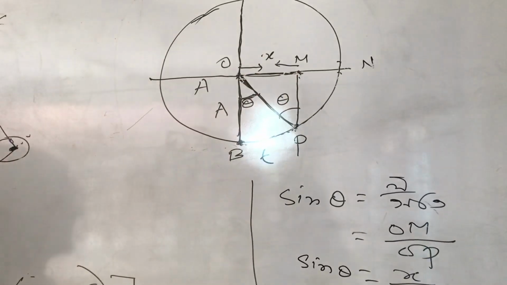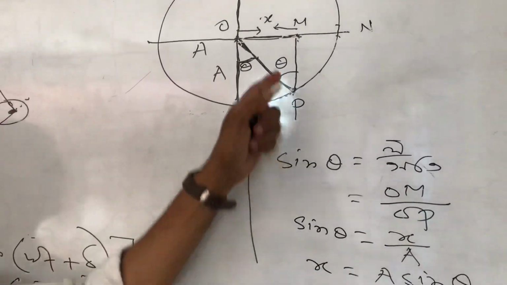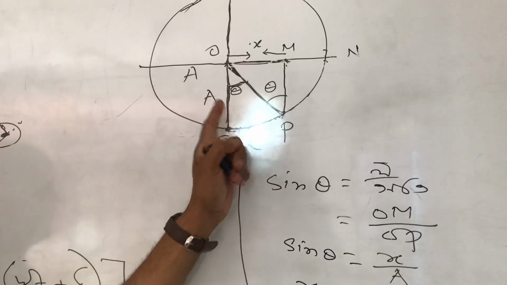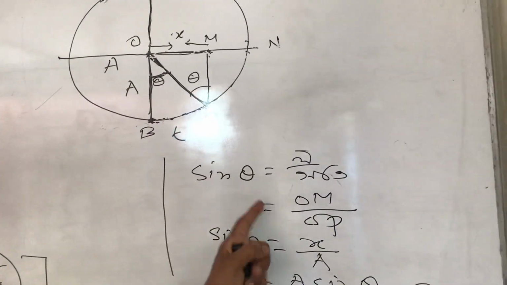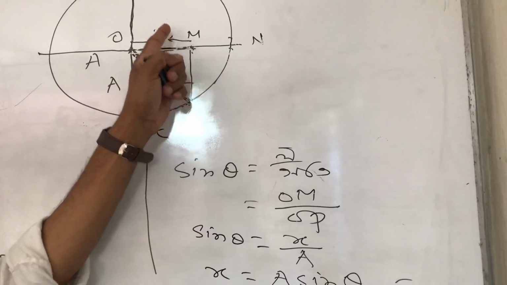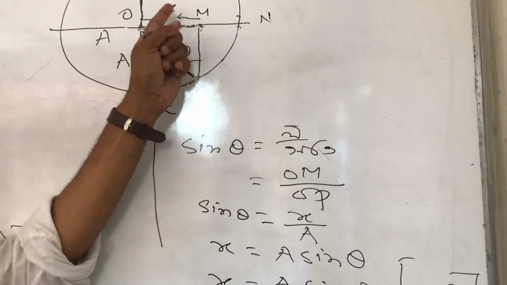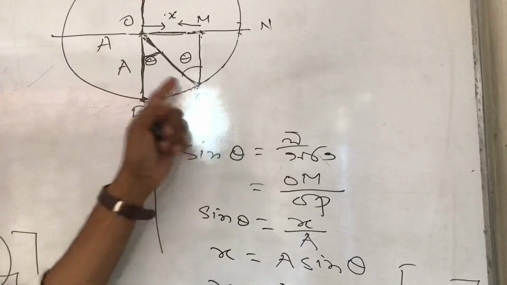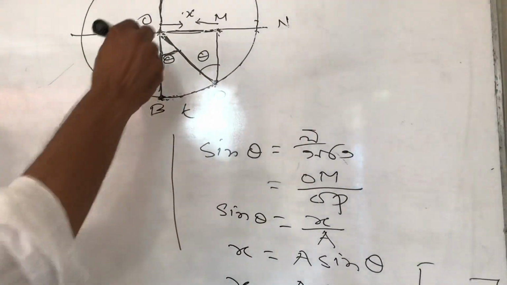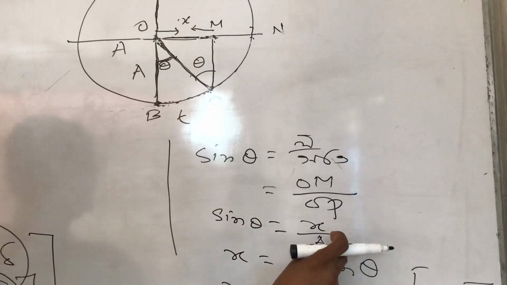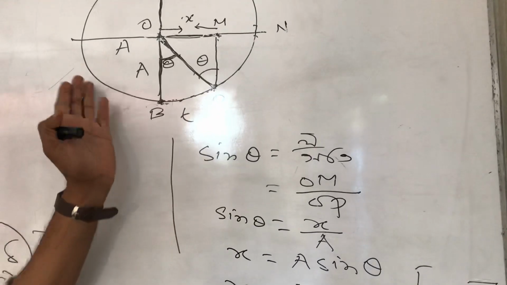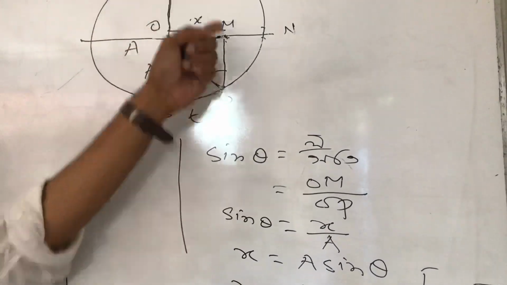So how can we calculate the x distance? From the geometrical figure, sin theta equals OM by OP. So OM equals x, and OP equals A, which is nothing but the radius of the circle.